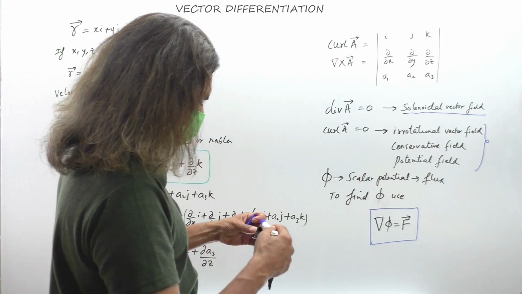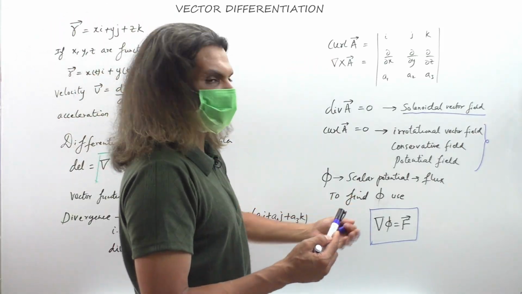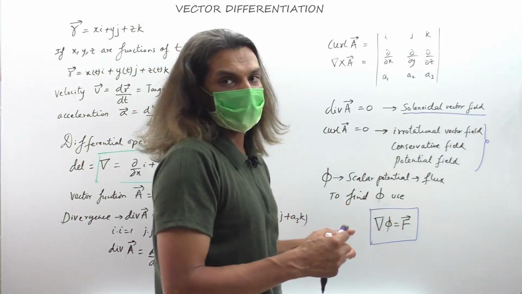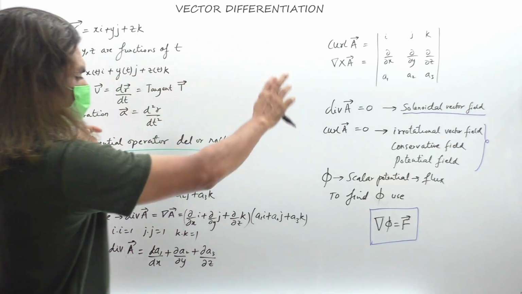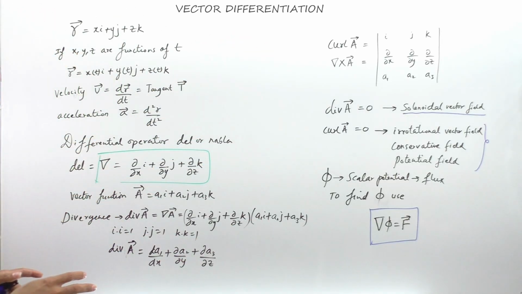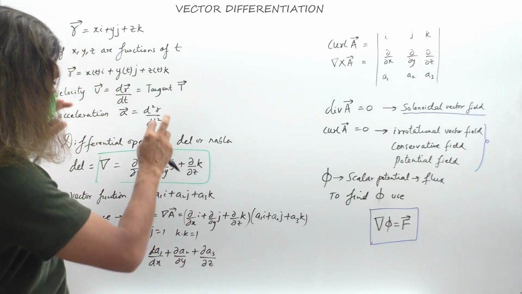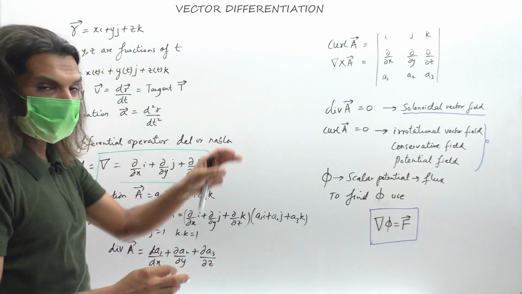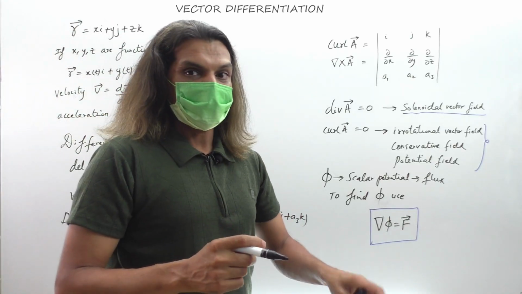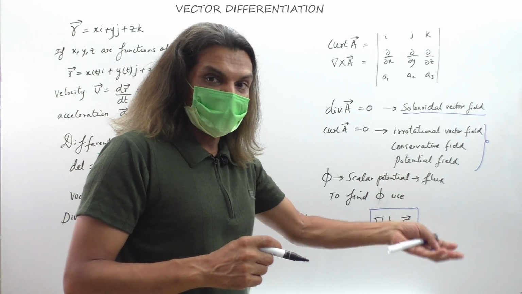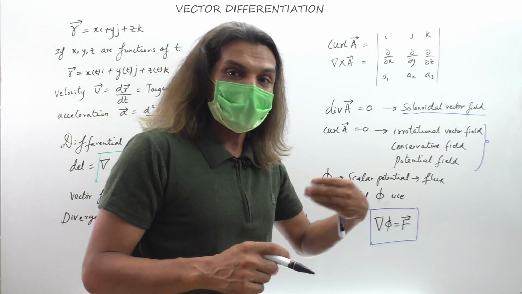So del phi is equal to the F vector, where F is a vector, or it can be del phi is equal to the A vector also. So these are all the formulas for solving problems on vector differentiation. Again I tell you, I have written them in a very simple way; write them down 3 to 4 times and memorize. Now we are moving ahead with formulas on scalar functions.